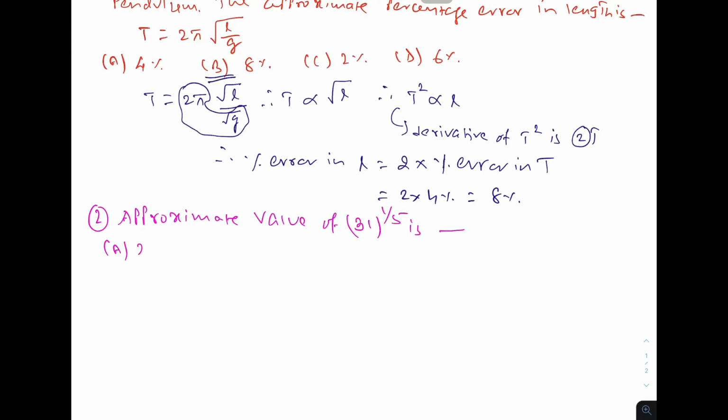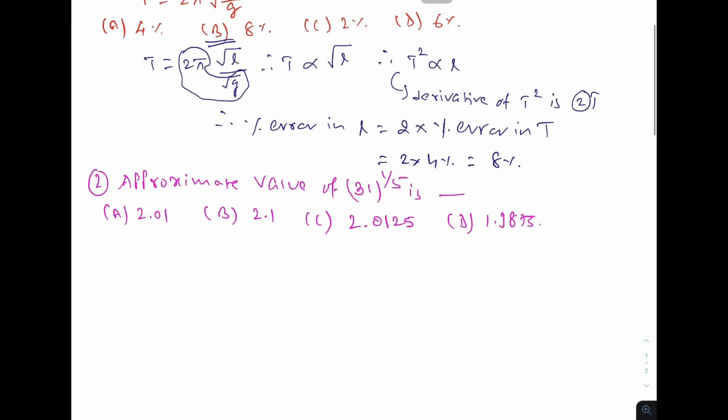So options here are 2.01, 2.1, 2.0125 and 1.9875. Now sometimes friends, do see the options also.